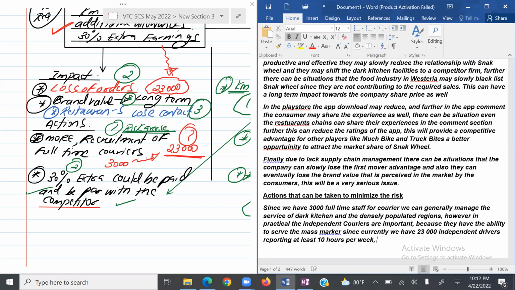So that is the point of view. But in practical terms, if we try to increase the full-time workers, we may have to increase the overhead cost.